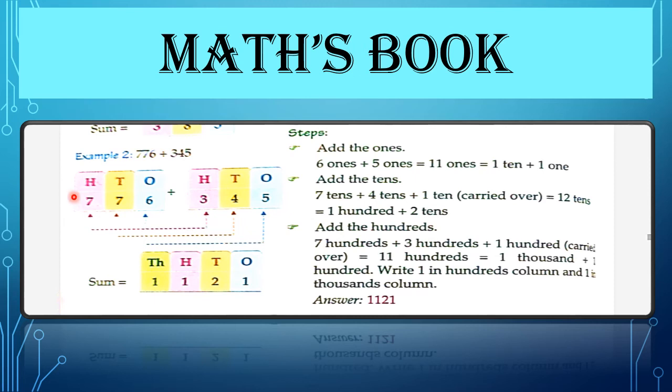Then 7 and 3 will be added with this 100 which has been carried over, and all together this will give you 11 hundreds. That means 1100. So you put 100 in the hundreds column and 1000 in the thousands column.